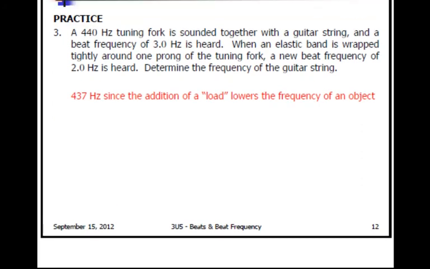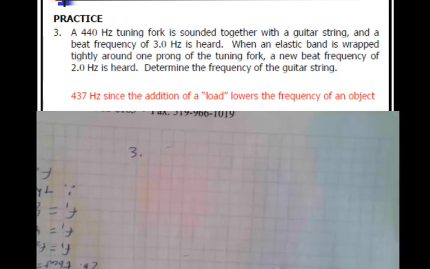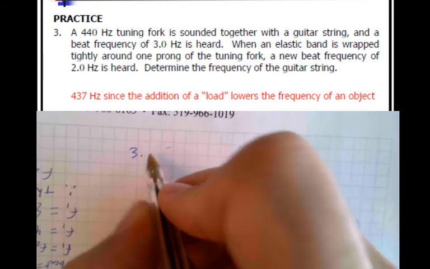This question says a 440 hertz tuning fork is sounded together with a guitar string, and we have a 3 hertz beat frequency heard. When an elastic band is wrapped tightly around one prong of the tuning fork, a new beat frequency of 2 hertz is heard. So for question 3, how could we solve this one? In this case, we are given the beat frequency directly of 3 hertz.